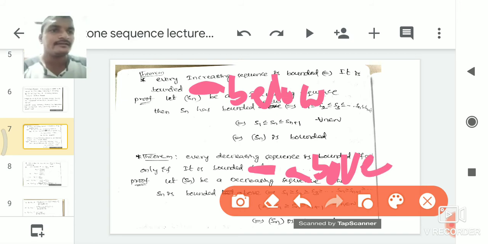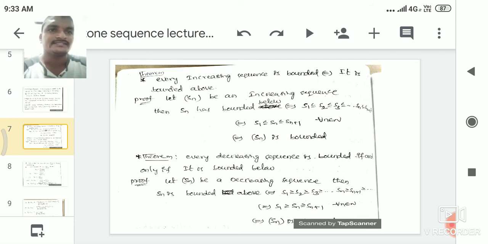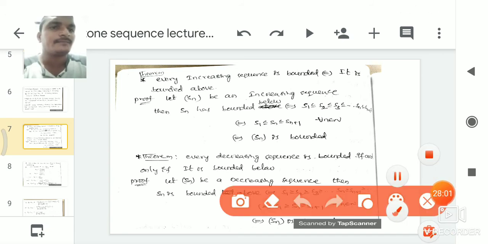Let Sn be an increasing sequence. We know that every increasing sequence is bounded below. So what is the condition? S1 is less than or equal to S2 is less than or equal to S3 is less than or equal to and so on. Here we write the increasing sequence condition. From that we write S1 is less than or equal to Sn is less than or equal to Sn plus 1. That means the sequence Sn has a lower bound as well as an upper bound.